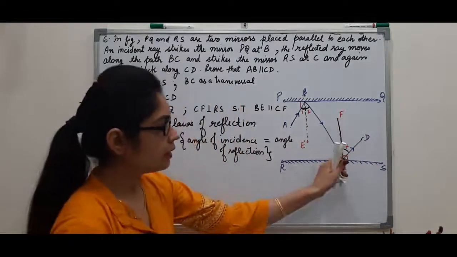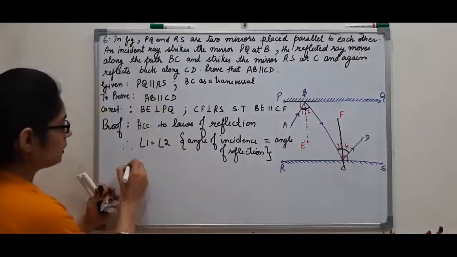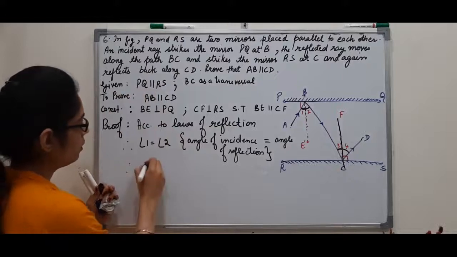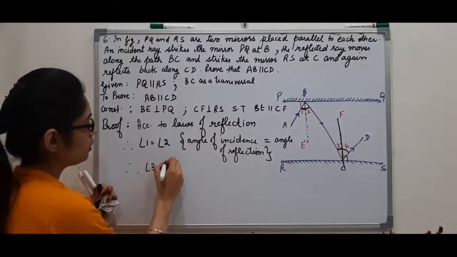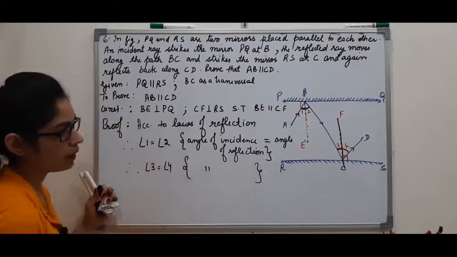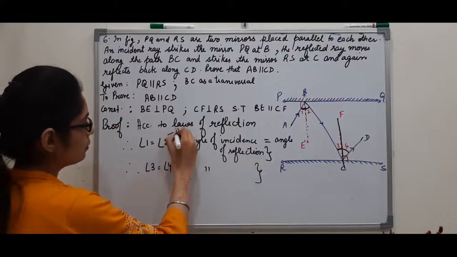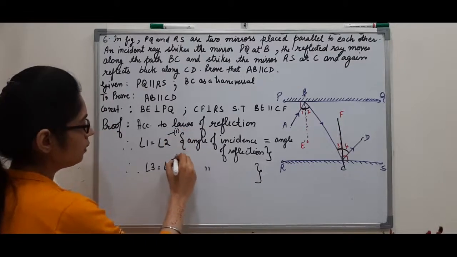So this is the angle of incidence and this is the angle of reflection. Therefore angle 3 is also equal to angle 4. Angle of incidence is equal to angle of reflection.